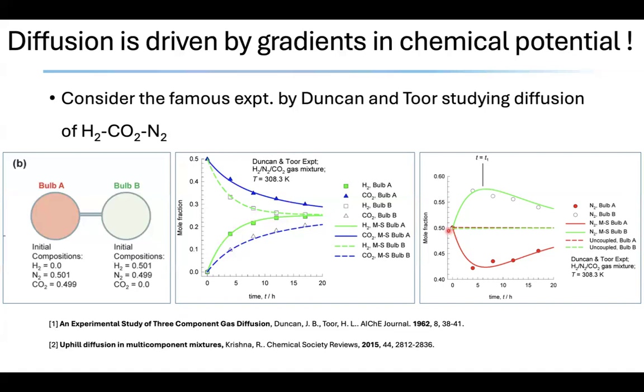What happened was that the nitrogen concentration in bulb A was not just constant, but rather it first decreased up till a time t1, and then it started to increase and slowly plateau towards an equilibrium concentration.